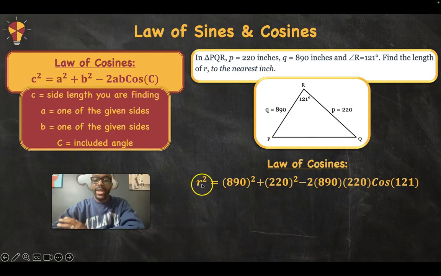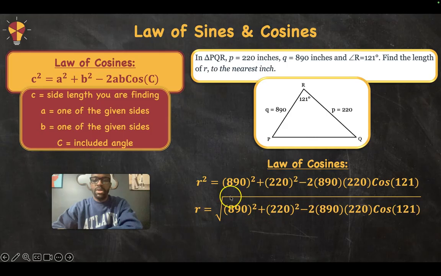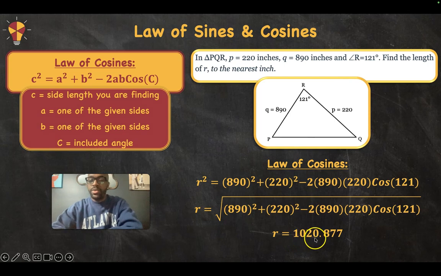So you have to take the square root to get your final answer. You would get r squared equals that decimal, and then take the square root, and that would be the missing side. But I'm going to put it all in as one step. I'll take the square root and type all this in as is, and you should get r is equal to 1020.877.